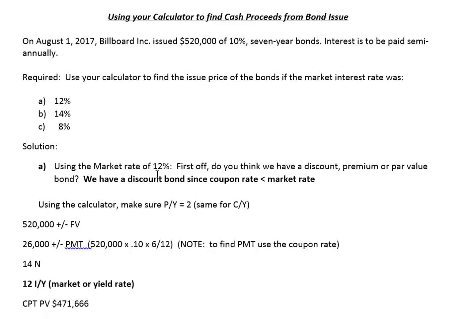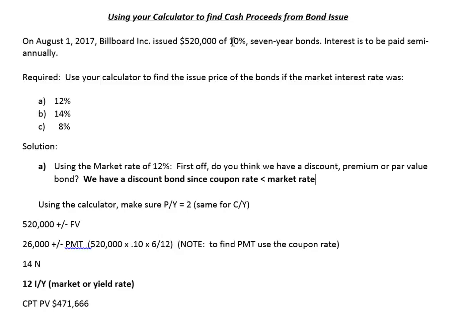So first of all, if we use the 12% market rate, we know we have a discount bond. Why do we have a discount bond? Because the coupon rate of 10% is less than the market rate. Whenever the coupon is less than market, we have a discount bond. And what does that mean? That means we're going to get cash proceeds that are less than the face value.